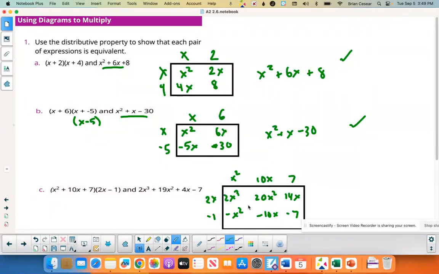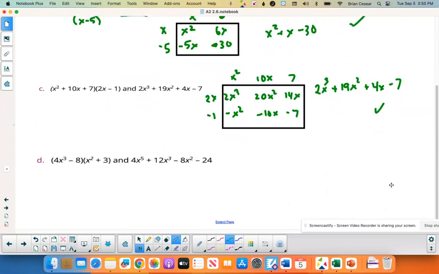So these are like terms, and so are these, the x's and then the x squareds. I always like to write them in standard form, so my powers are going down. Negative 1 plus 20 is 19. Negative 10 plus 14 is 4. And there you go. And as a matchup, looks good. Okay. Oh, I got one more.